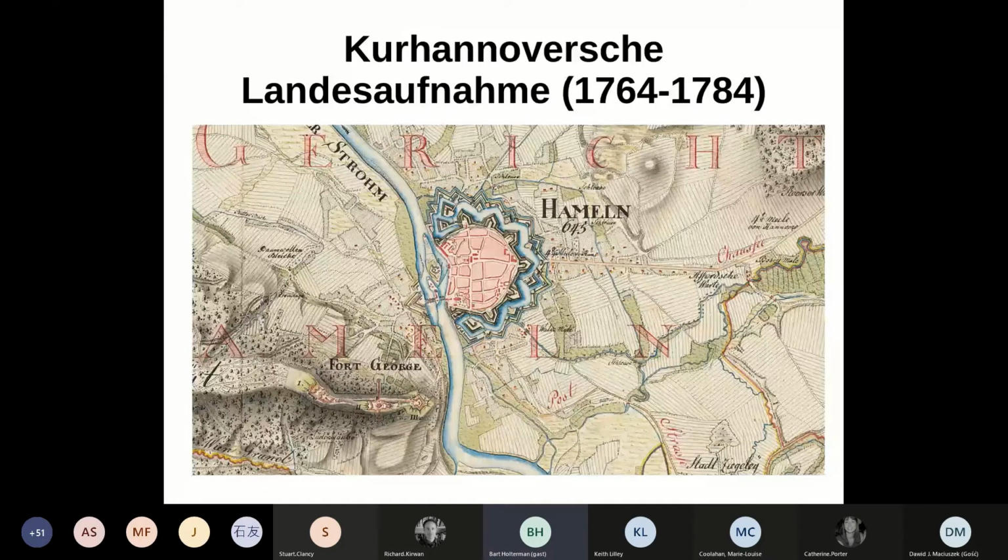Here's the example of the town of Hameln on the Weser River. And you can actually see that here we have a very detailed view of the town with all the roads leading towards it. And as you can see, south from the town, there is a long distance road which is indicated as Poststraße, the post road.